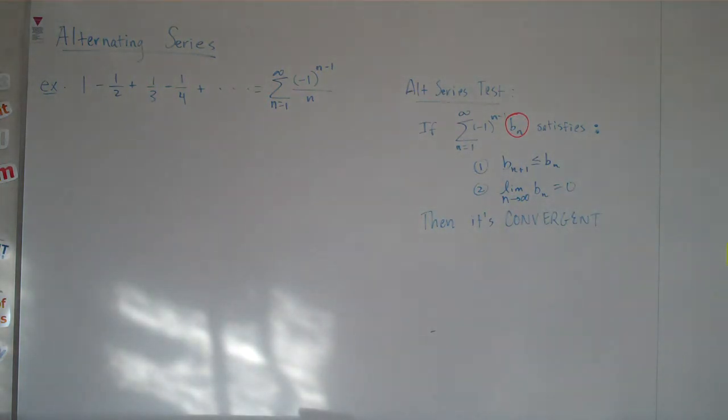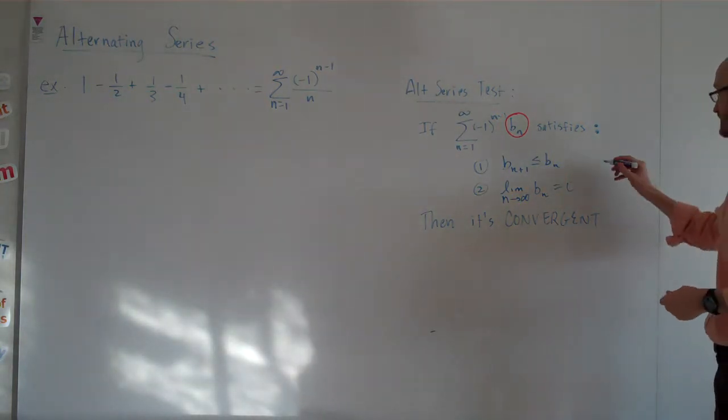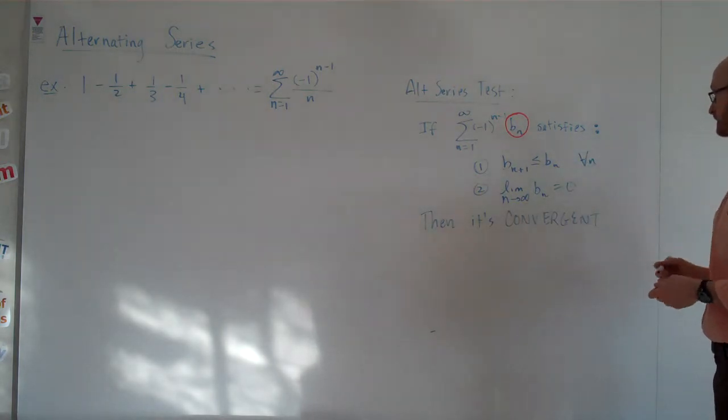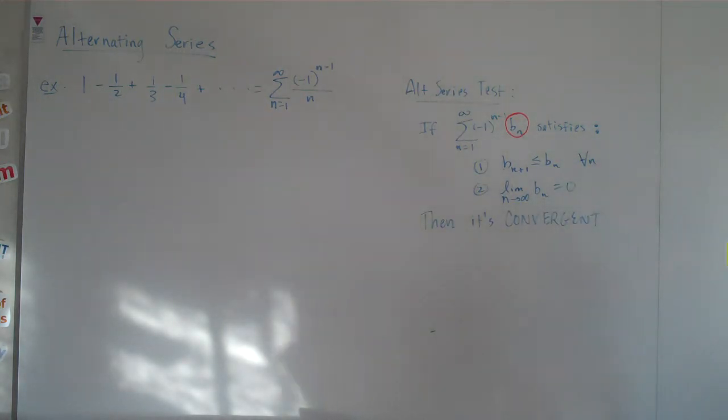If you know those two things, then you know the series is convergent. One thing I should add is that this has to be true for all n, and of course n is already a natural number, a positive integer.